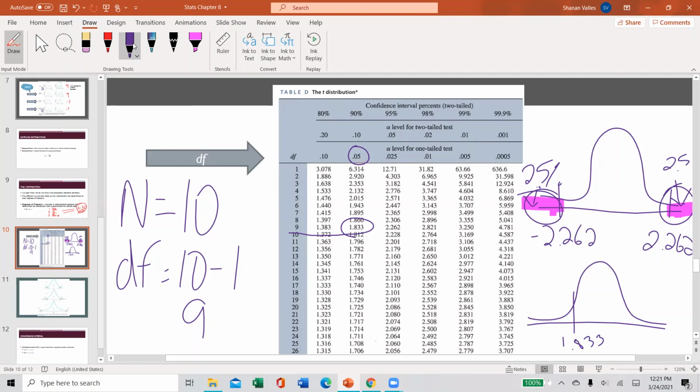Is it harder to be way out here? Or is it harder to be over here? Which one is more likely? If we're thinking of the one that's beyond the lowest value.